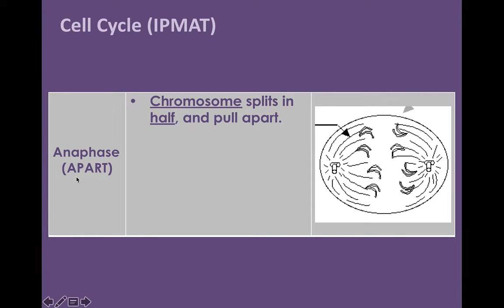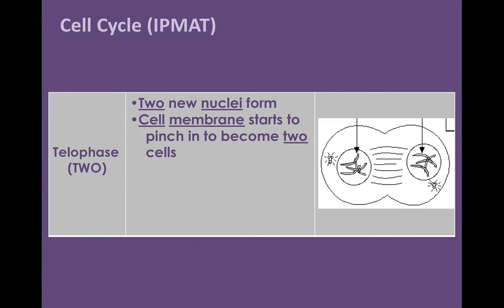So please add that word apart underneath the word anaphase. And finally, the T in IPMAT, of course, represents telophase, and it's also reminding us that this is when we have two of things forming, two nuclei and two cells.